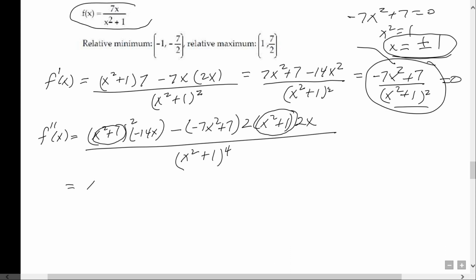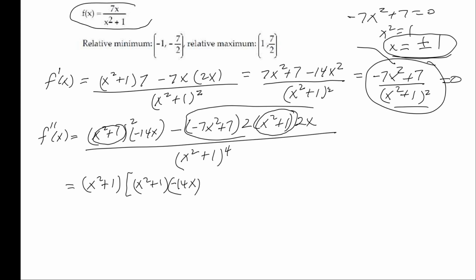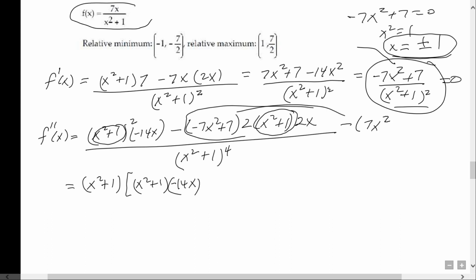So doing that, we get x squared plus 1 times x squared plus 1 times minus 14x, and what is left here is, if we take a minus out of the minus 7x squared plus 7, we get minus 7x squared minus 7.